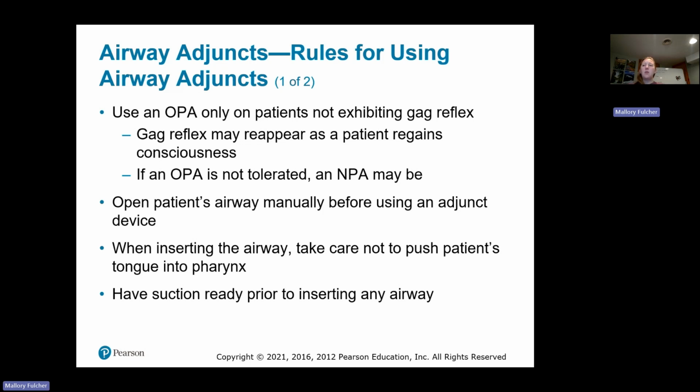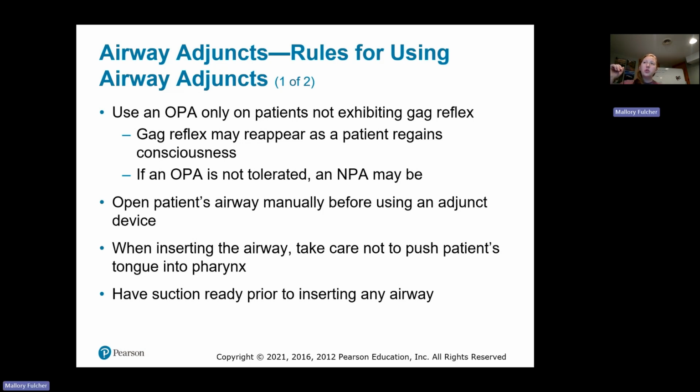If you take a person that is severely intoxicated, usually they still have a gag reflex, so we can't use OPAs. We can, however, use an NPA in that situation. All of us right now could have an NPA placed in our nose. Granted, we'd all probably be very unhappy about it, but we certainly could. We could not take an OPA. Our gag reflex would be stimulated and we would all be vomiting.